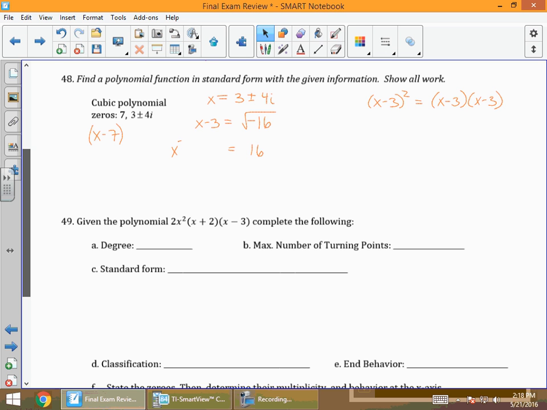So this is actually x squared minus 6x plus 9 when you FOIL and combine like terms. Get this set equal to 0. Subtract 16 on both sides. So x squared minus 6x. If I do 9 minus 16, I would get negative 7.